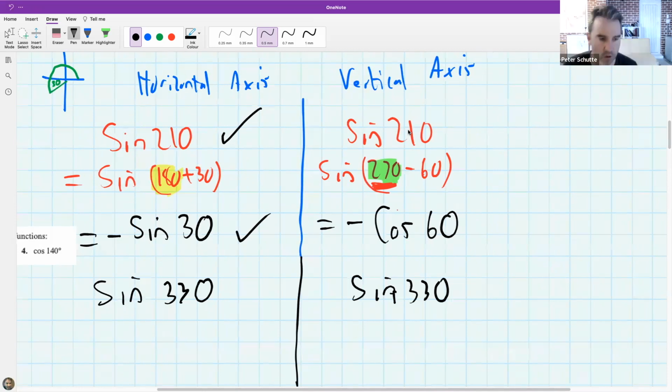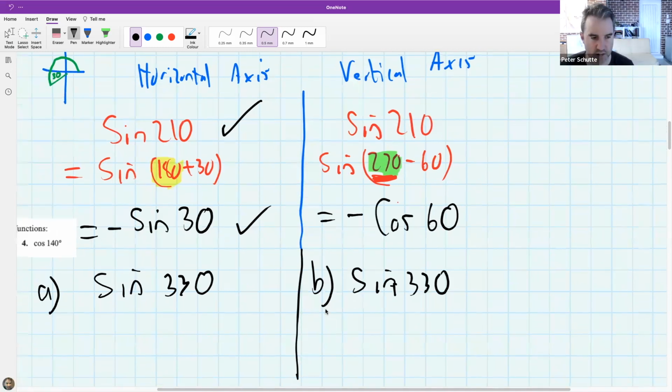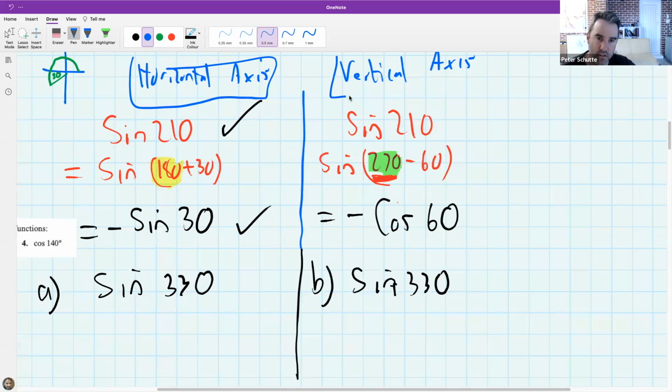Go ahead, and I'll call this A, and I'll call this B. You can tell me in the chat what you think my answers should be. And remember, the left-hand side, horizontal. Right-hand side, we're using the vertical axis.